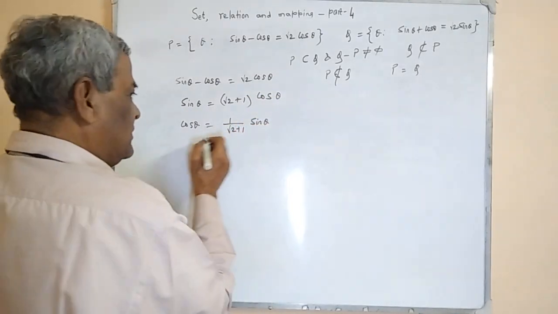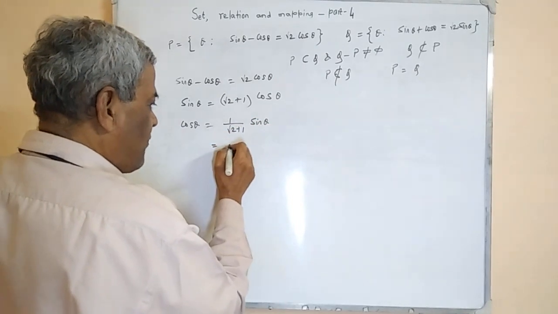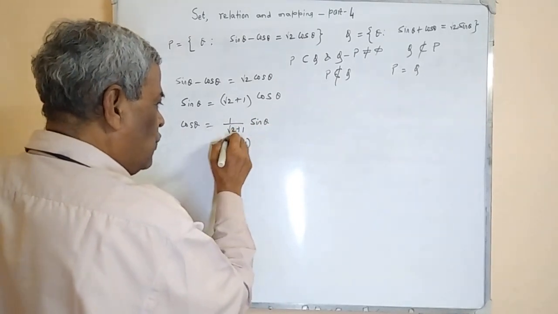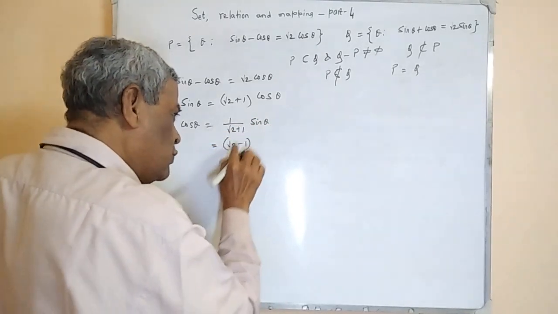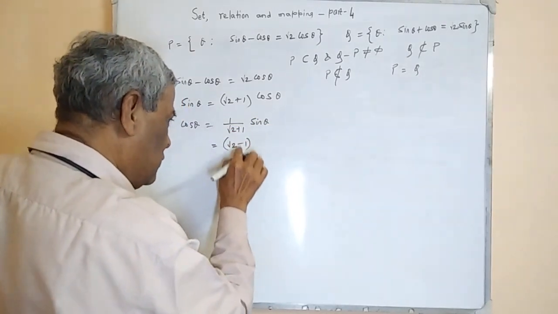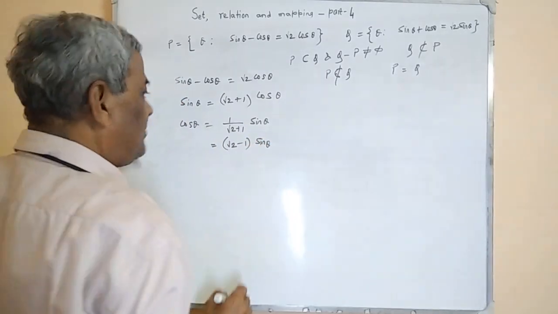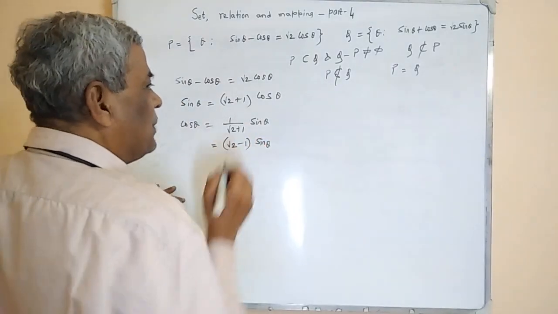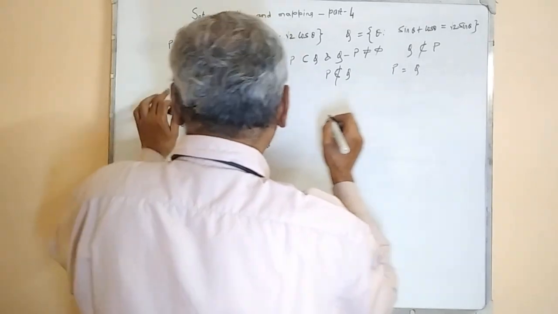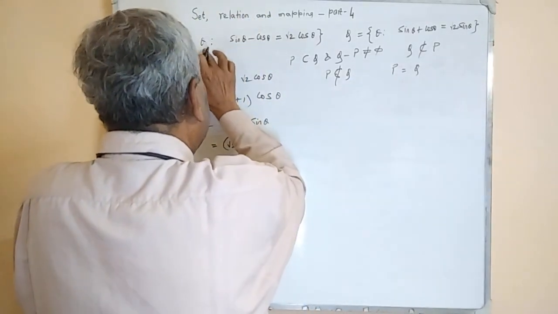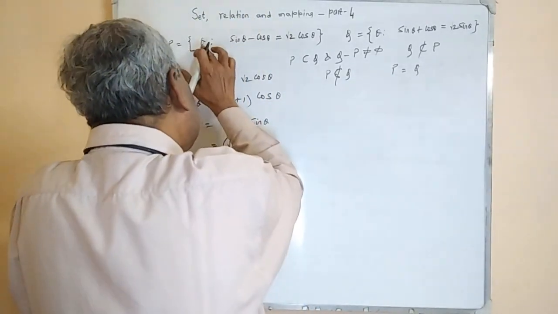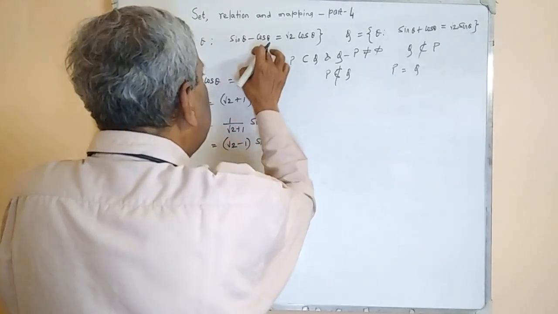That is, this is equal to root 2 minus 1 by this into root 2 plus 1. This into that is 1 into sin theta. This is number one.